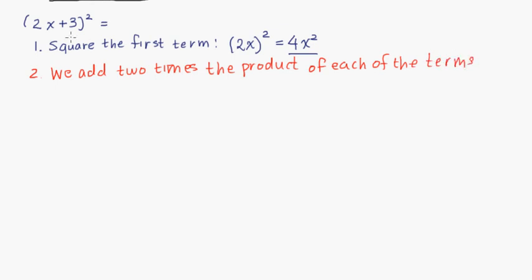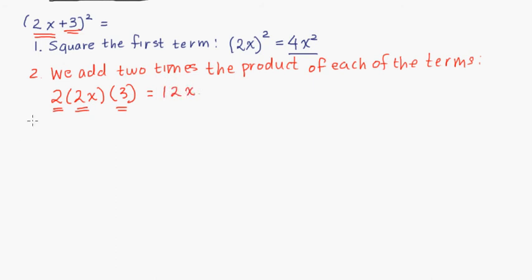So we have 2x and 3. For this one we get 2 times 2x times 3. Okay, and that's 2 times 2, which is 4, times 3, which is 12, times x.